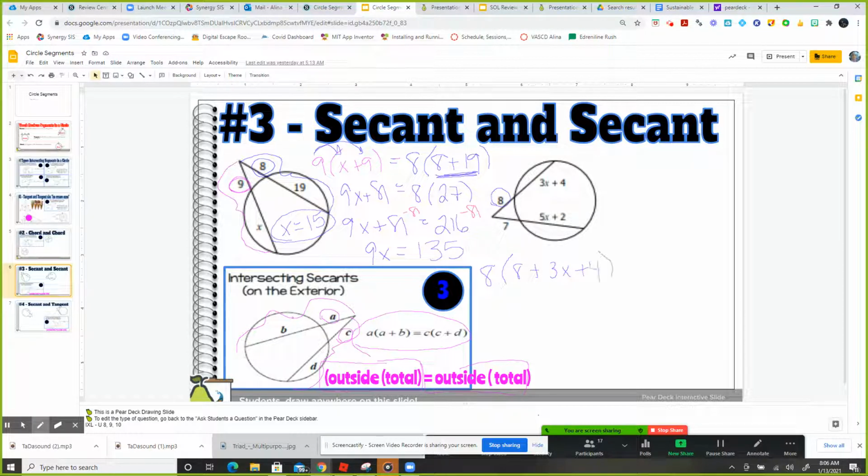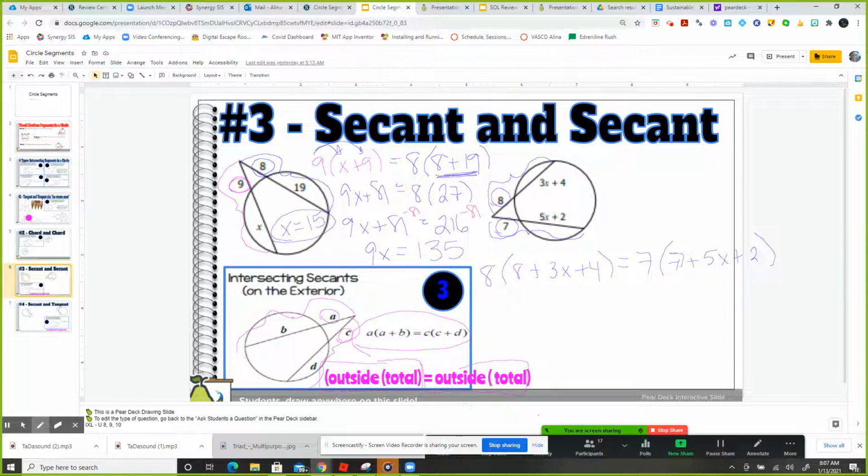The outside times the total. And it's that total part that is the most often missed. And then on the other side, we're going to do 7. That's the outside. And it kind of makes sense. It goes outside the parentheses, right? And then inside, we want that whole thing. So that's 7 times 5x plus 2.